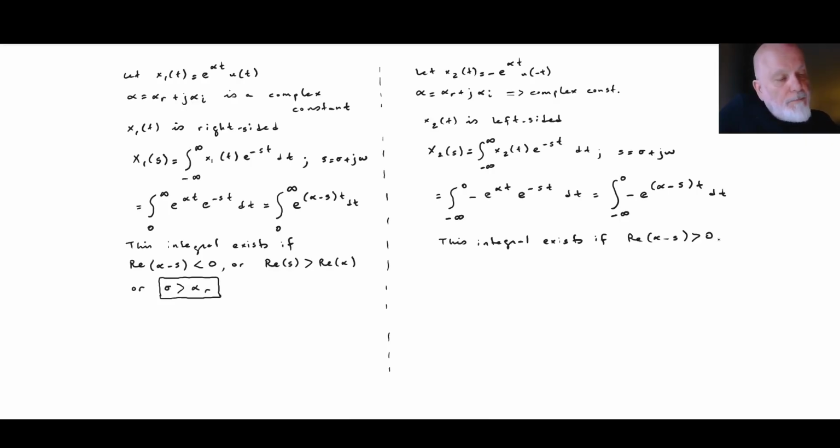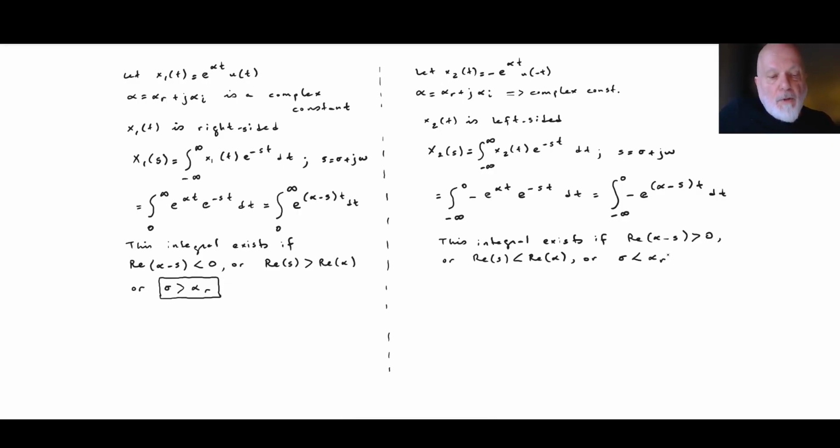Or the real part of s less than the real part of alpha, or again sigma less than alpha r. Okay, here sigma is the variable, alpha r is fixed because alpha is the constant.